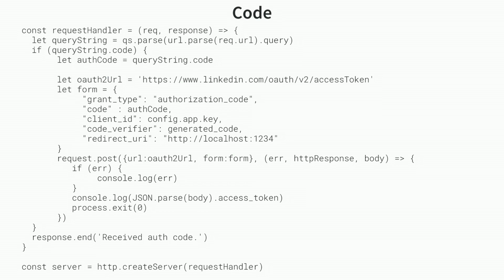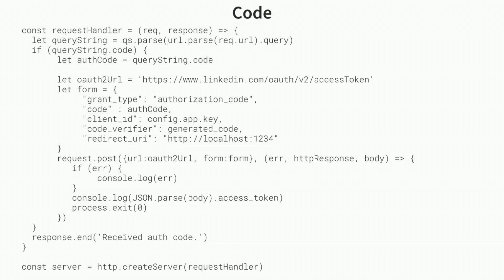All right. So let's talk a little bit. Hopefully you guys can see this. Cool. So this is a very boilerplate request handler, but basically all we're doing is listening for HTTP requests on port 123. We're going to parse the query string that shows up in the requests, and if we receive an auth code, we're going to build a request to the OAuth access token endpoint for LinkedIn.